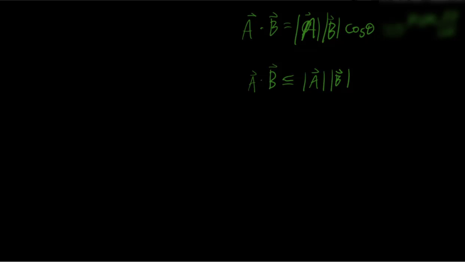And it's the same thing if it's negative 1, then A dot B is going to be negative A times B. So actually we can put this in absolute values too, because that's all that would make a difference. So hopefully this makes sense: the absolute value of A dot B is less than or equal to the magnitude of A times the magnitude of B.